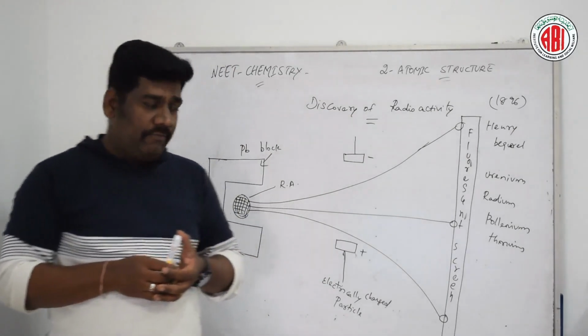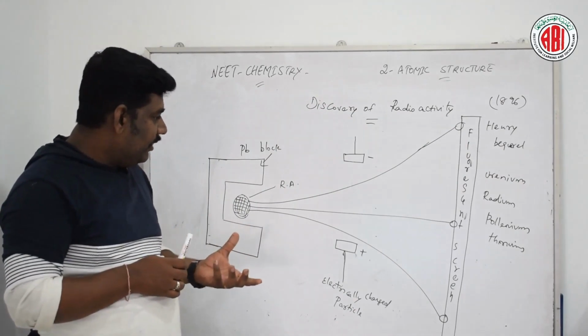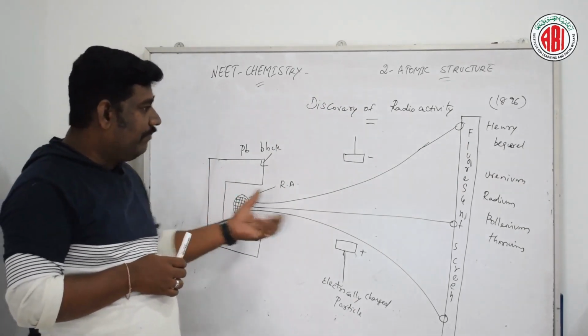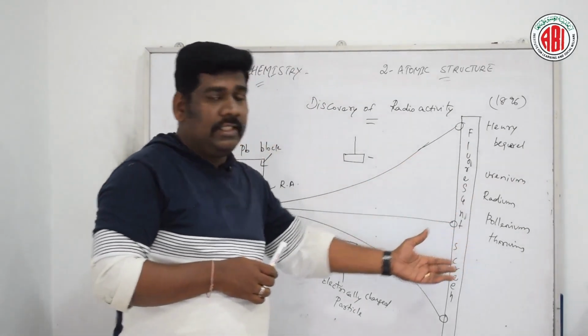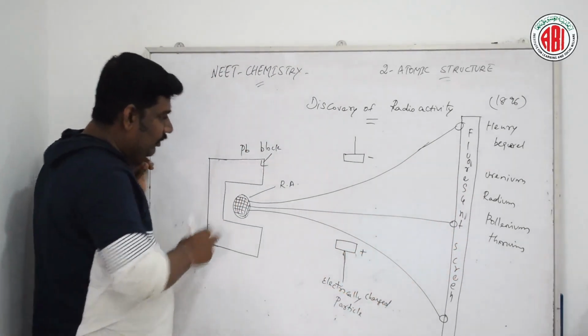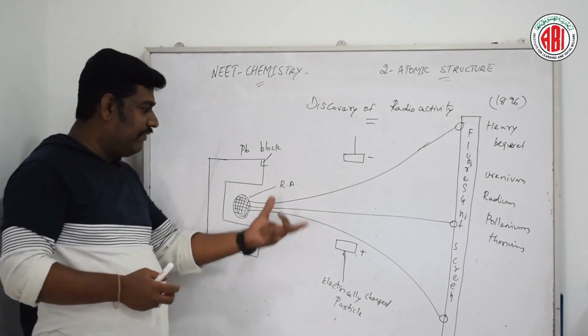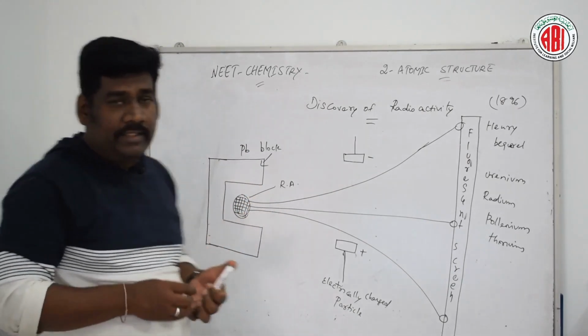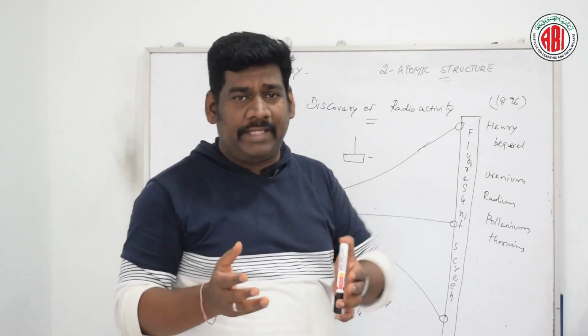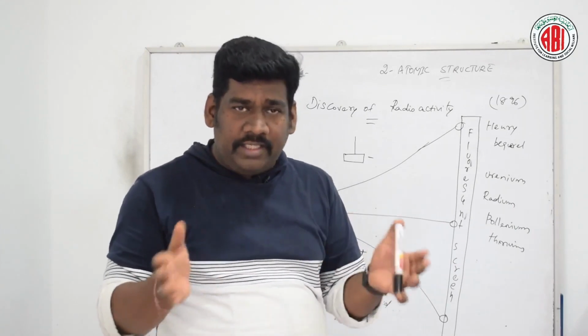What he did was take a radioactive substance in a lead block. This is the lead block, where he kept this radioactive substance, for example uranium, in a cavity of the lead block.